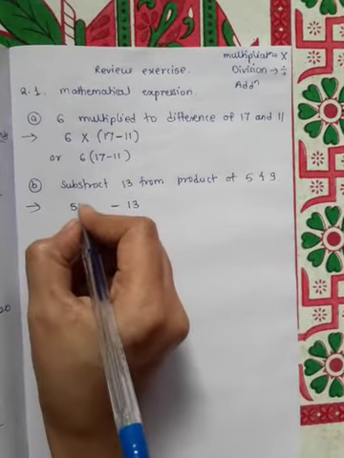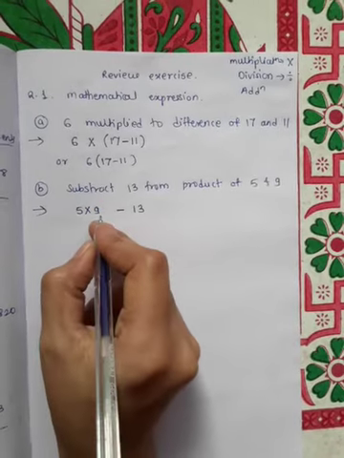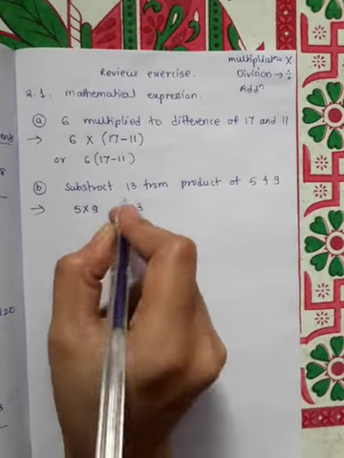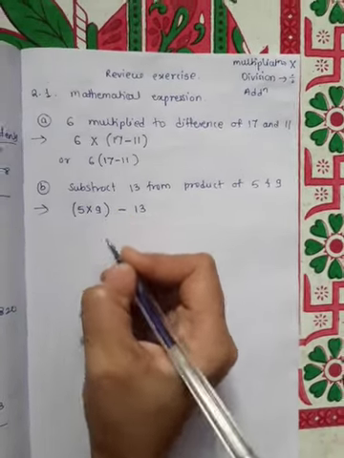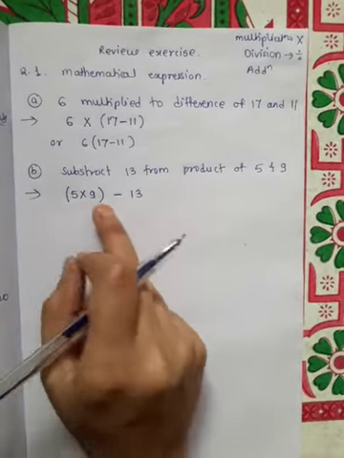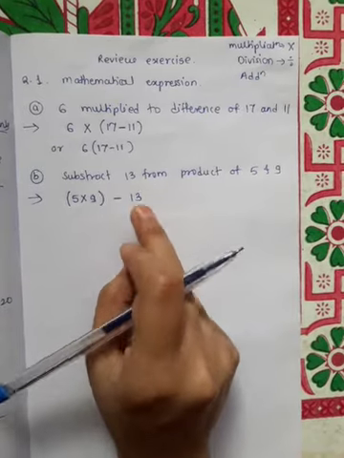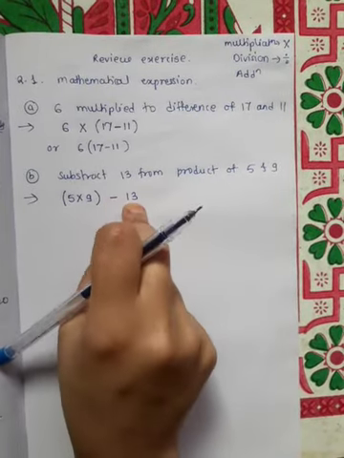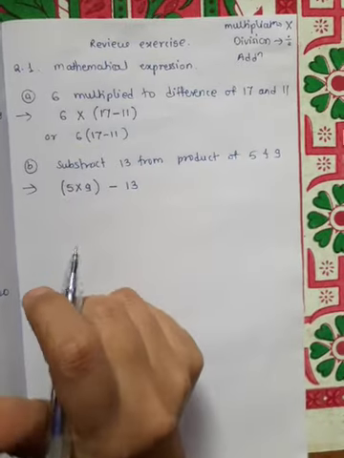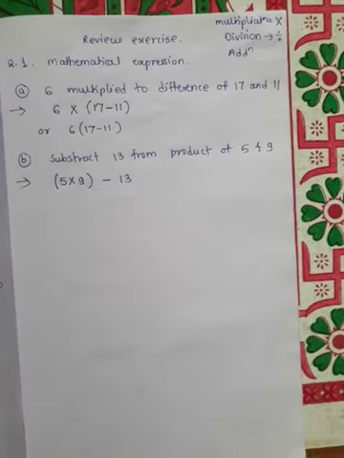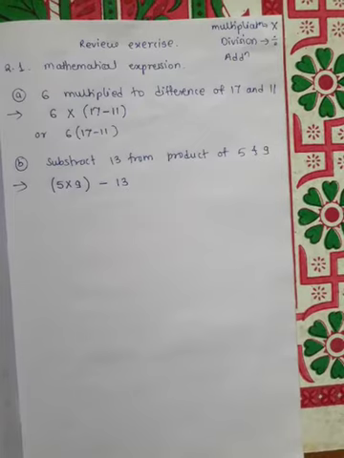The product of 5 and 9 means 5 into 9, and we have to subtract 13 from this whole term, so we put a bracket here. The meaning of this expression is: subtract 13 from the product of 5 and 9. So you can do that type of example.